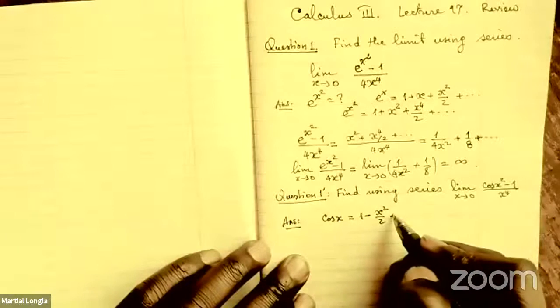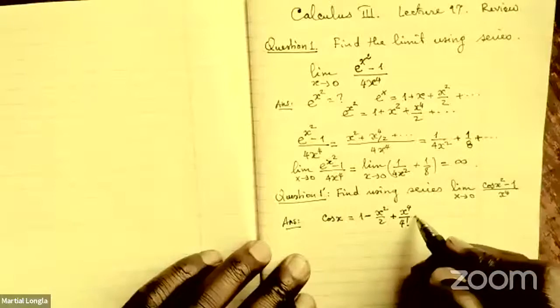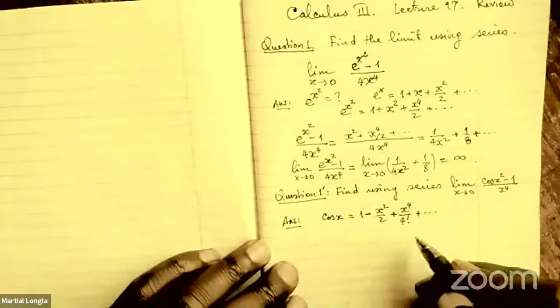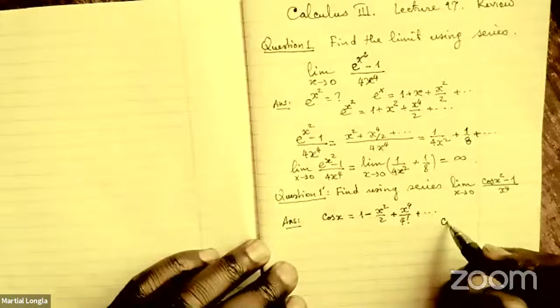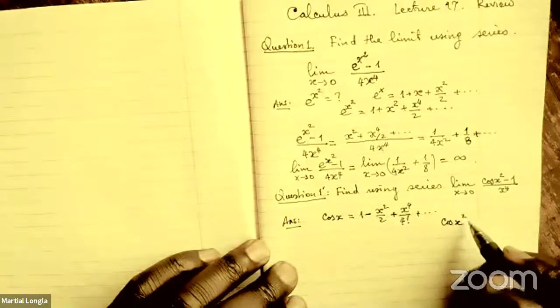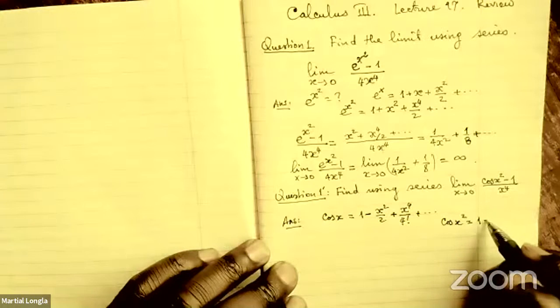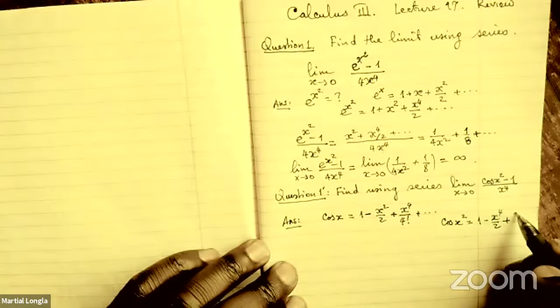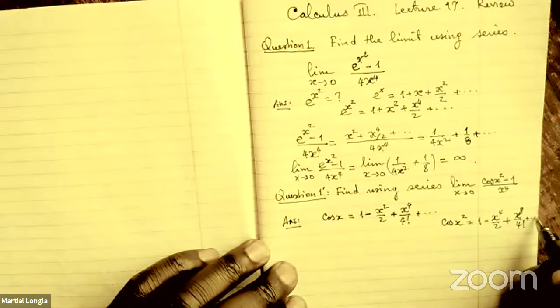As x squared over 2, what's the next term? x to the 4th over 4 factorial. That's it. Now you keep that, and then you plug in x squared. That's 1 minus x to the 4th over 2 plus x to the 8th over 4 factorial.